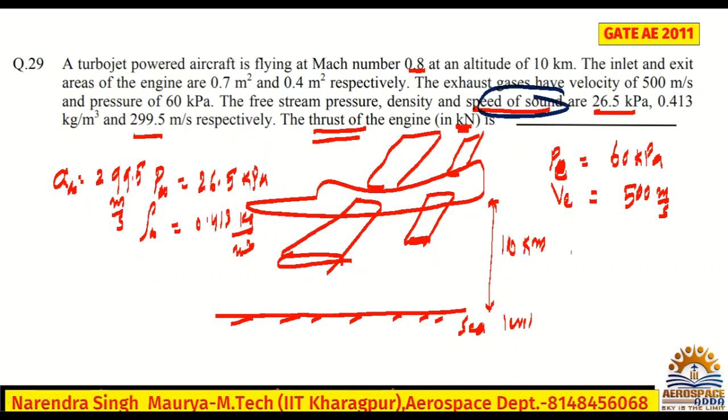What is the Mach number? M infinity is V infinity divided by A infinity, where A infinity is the speed of sound. What is V infinity? It is M infinity into A infinity.